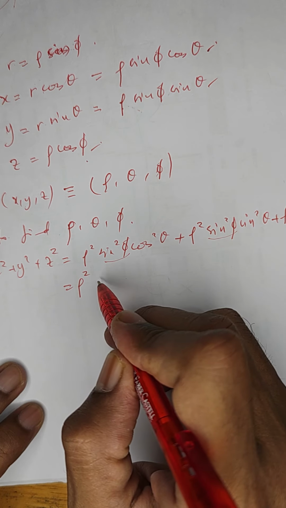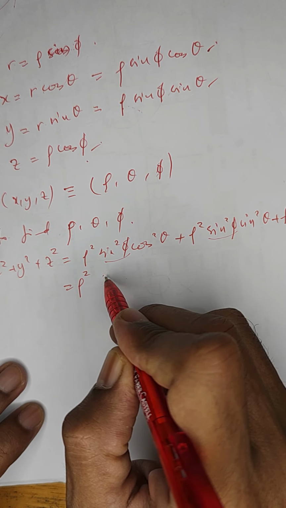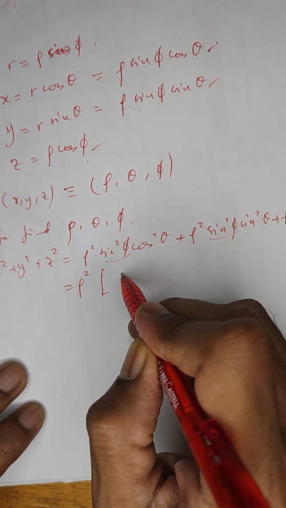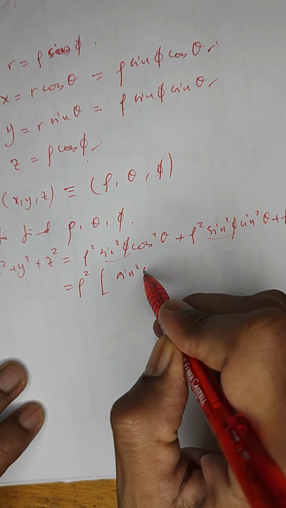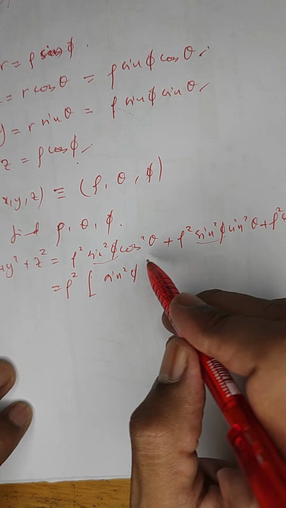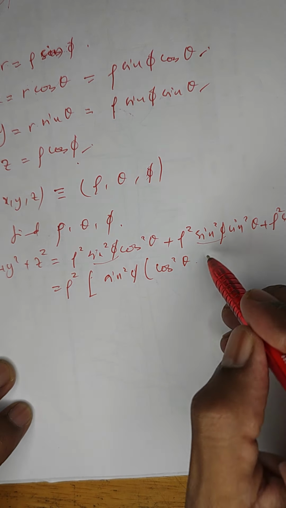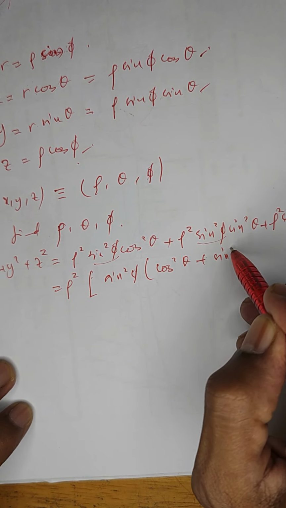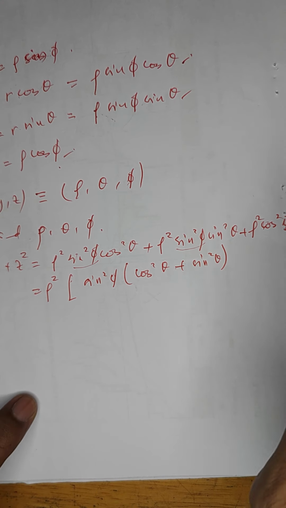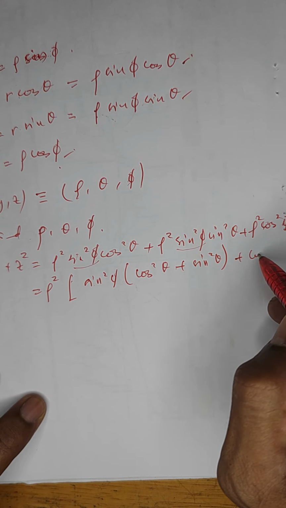What is left is cos squared theta plus sine squared theta, and plus cos squared phi.